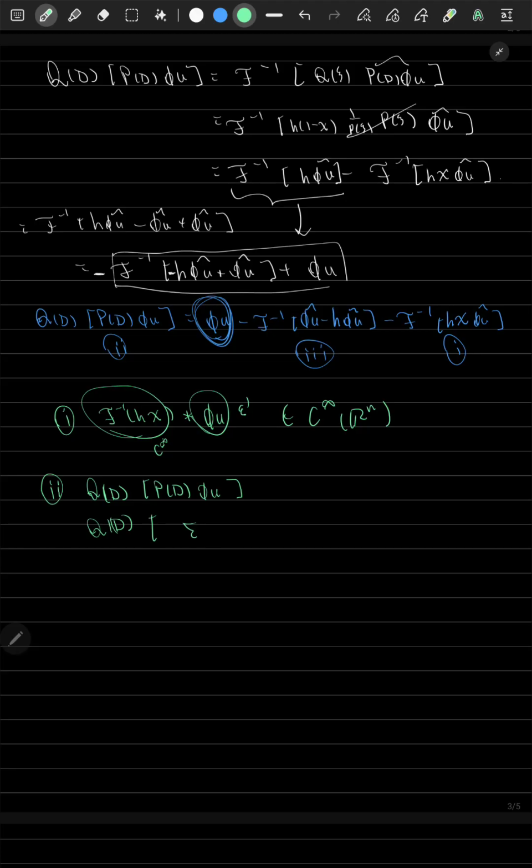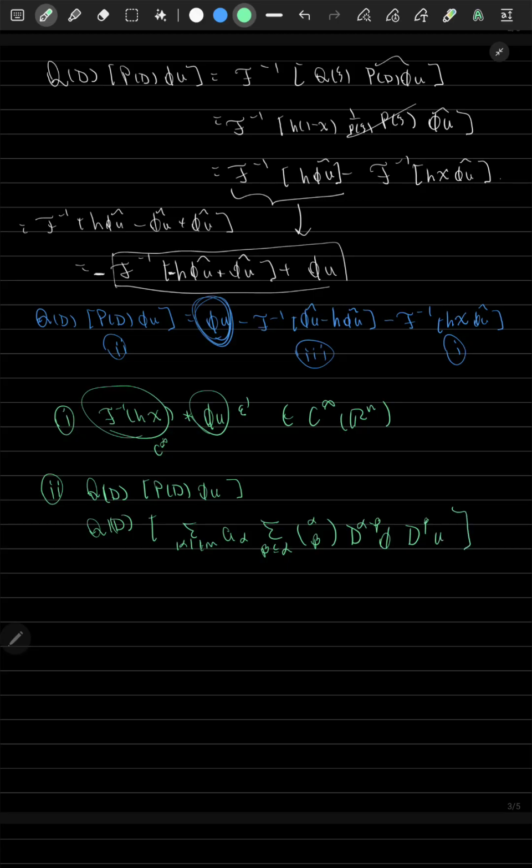So this is going to be equal to the sum over alpha less than or equal to m of a_alpha, right? These are the constant coefficients, times, this is where we use the Leibniz rule, the sum over beta less than or equal to alpha of alpha choose beta, d^(alpha minus beta) of phi times d^beta u.